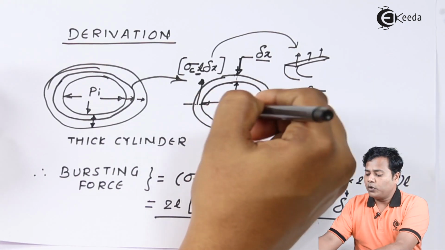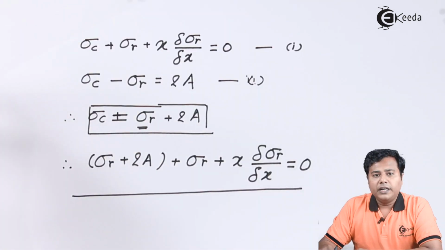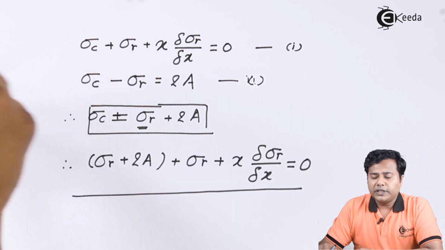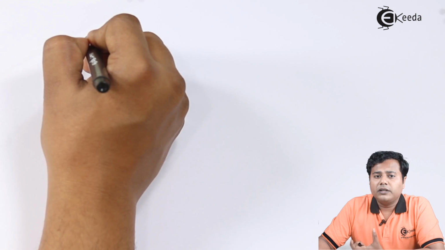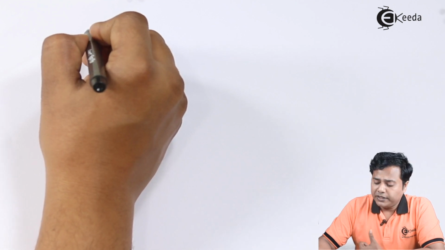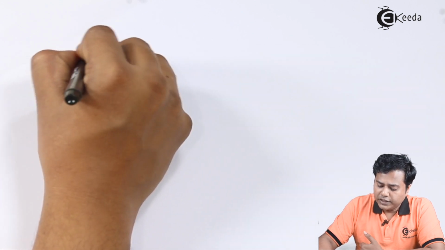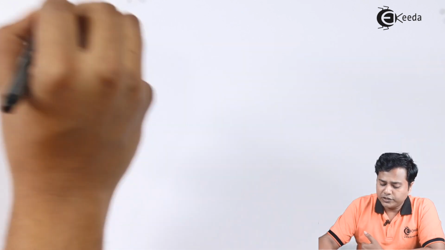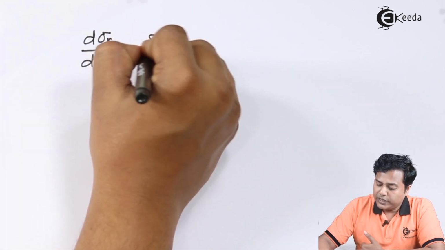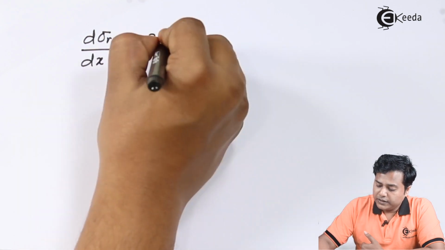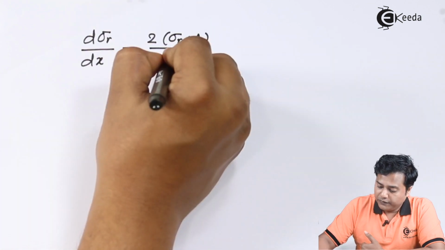When I move ahead, it gives me another form of expression. The earlier one was the partial derivative, so let us go for the better derivative: change in radial stress divided by change in radius is equal to minus twice sigma radial plus A, divided by x.